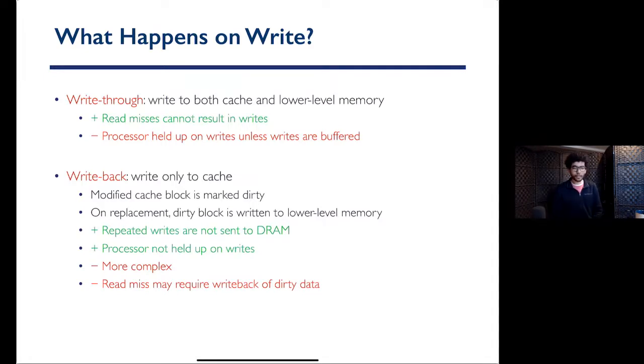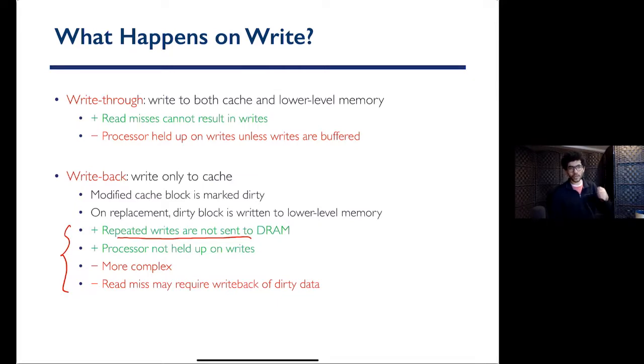Now with write back, let's first look at the upsides and downsides. With this one, we're avoiding repeated writes to DRAM, because you could be writing a lot to a single address, but none of them is going to go to RAM.